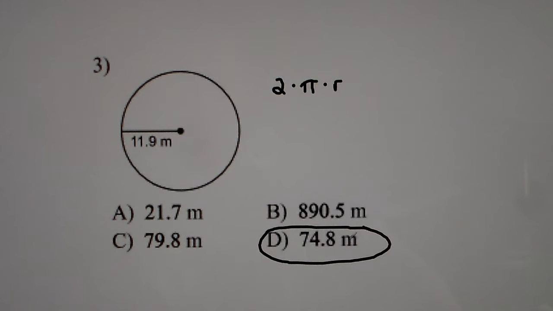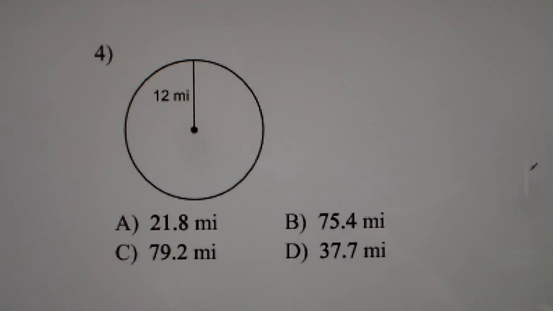So number 3 is D. Number 4, the radius is 12. 2 times 12 is 24. So the circumference is 24 pi. And 24 times pi gets us 75.39, which is B.